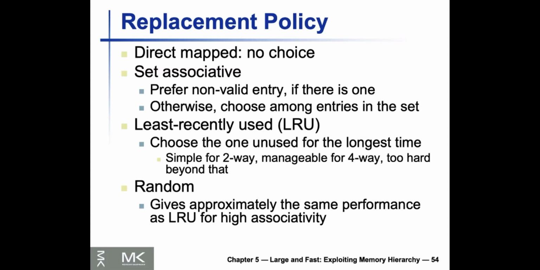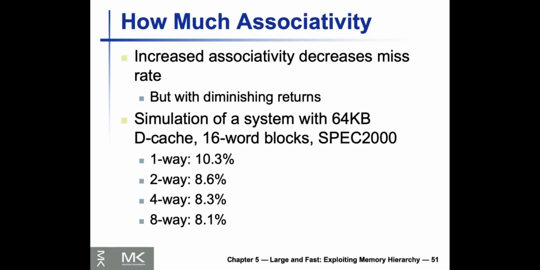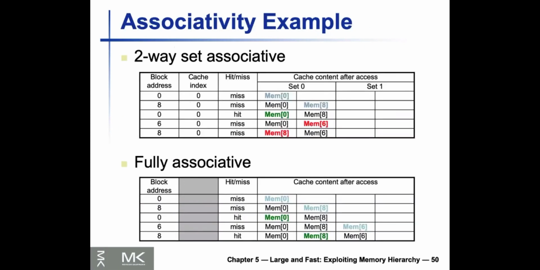I don't really remember the definition, but basically in slide 50, when we were setting the memory, in the last line, for example, we changed the M0 to M6, for the memory 0 to memory 8, because memory 0 was the least recently used.